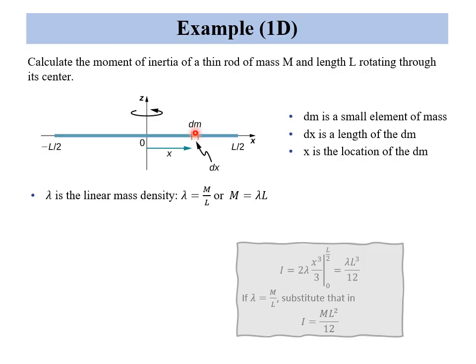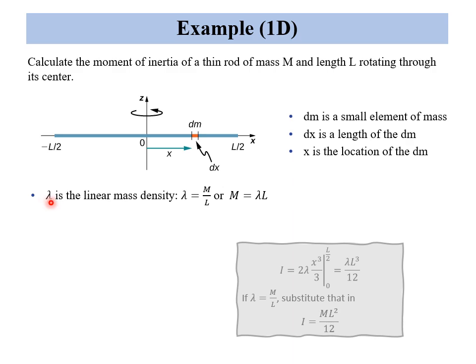So this is the small mass dm. It has a length of dx. It is located at a position of x from the rotational axis. To go any further, we want to define linear mass density. We're assuming the mass of this rod is uniformly distributed.